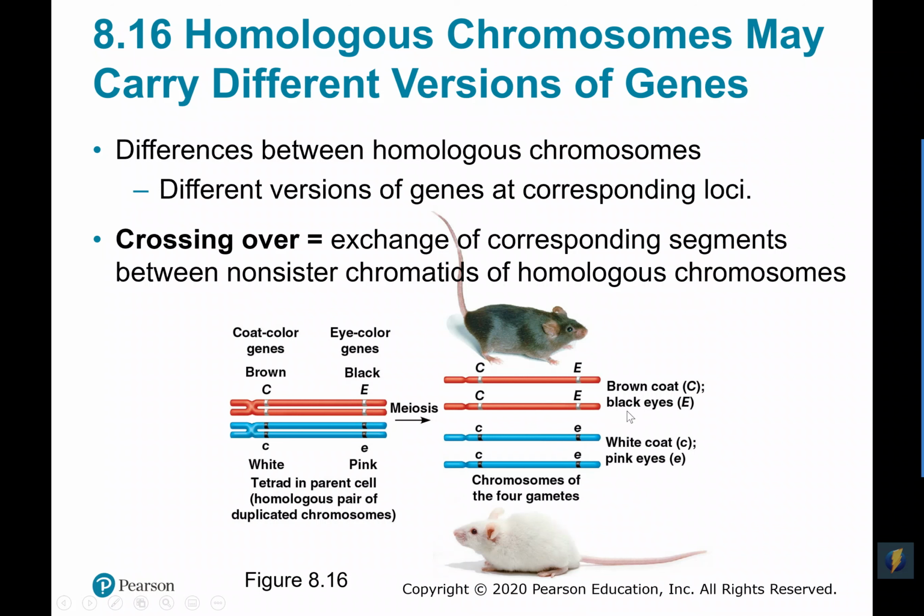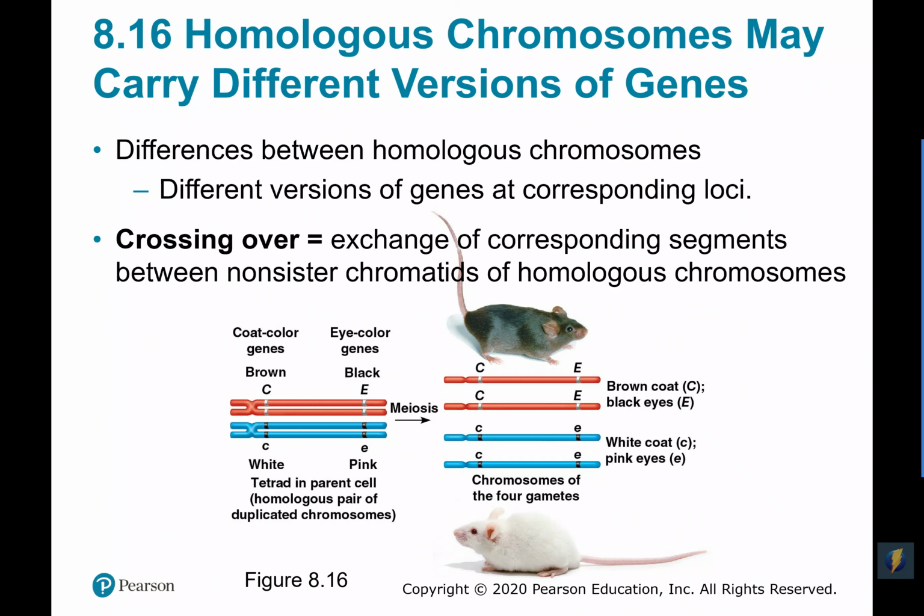They could have a brown coat and black eyes, they could have white coat and pink eyes, or some combination therein. Because what happens during this crossing over process is that the non-sister chromatids, so not the ones that contain the same identical DNA, but the red pair and the blue pair, right?